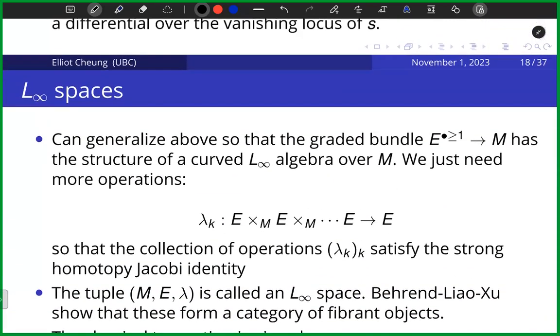This tuple together, the manifold with the bundle over it and the operations on the bundle, is called an L infinity space. And this paper by Baron, Liao, and Zhu shows that these actually do form a category of fibrant objects. So as long as you can embed your space into this sort of thing, you can take a resolution in this context.